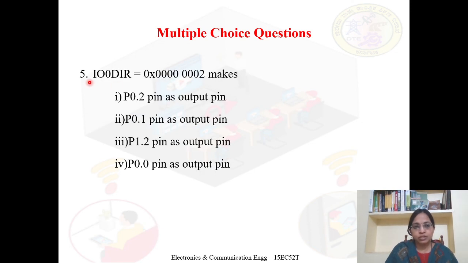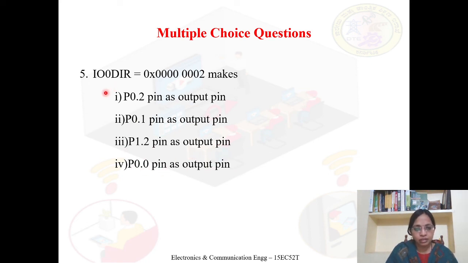The fifth question is, IO0DIR is equal to 0x00000002 makes P0.2 pin as output pin, P0.1 pin as output pin, P1.2 as output pin, and P0.0 pin as output pin.